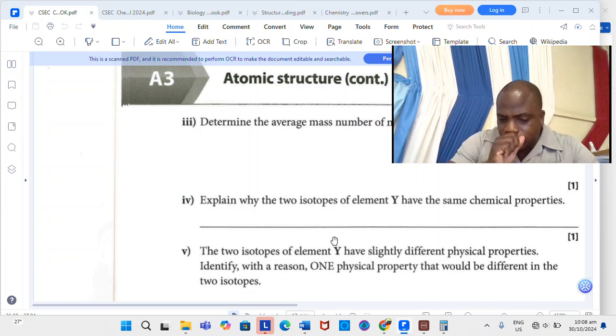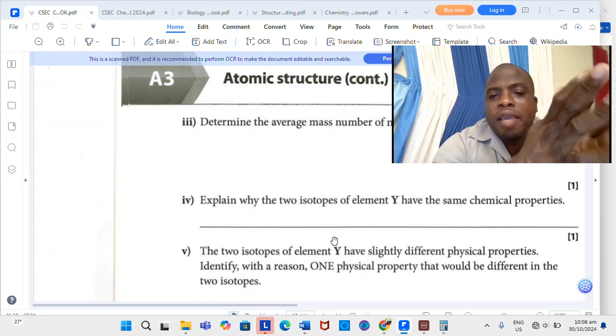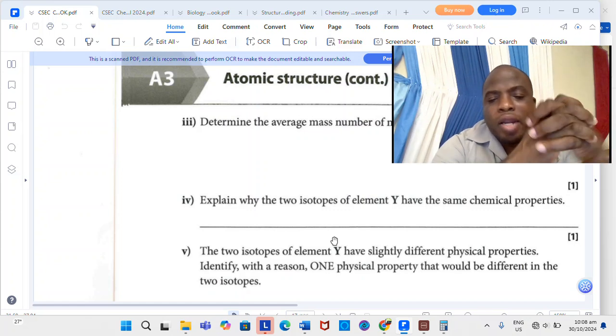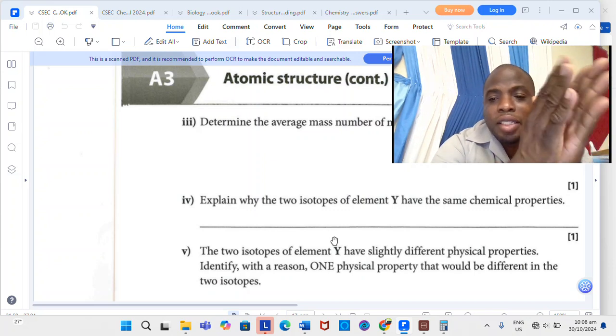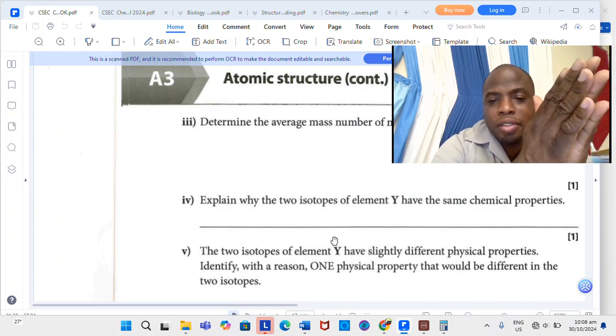So they will have similar or the same chemical properties.